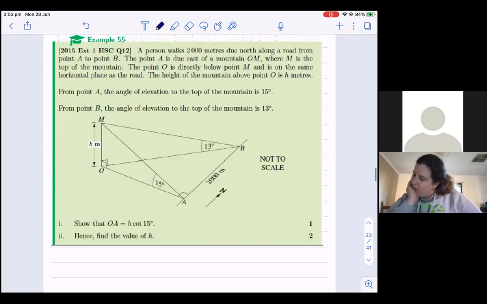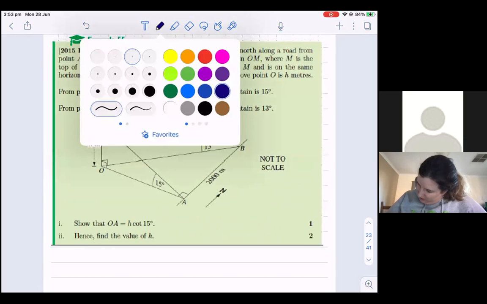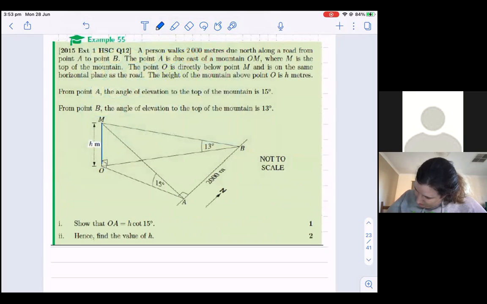Next question. Similar kind of deal. So they're talking about OA and 15 and H. They're starting off by talking us through this triangle.